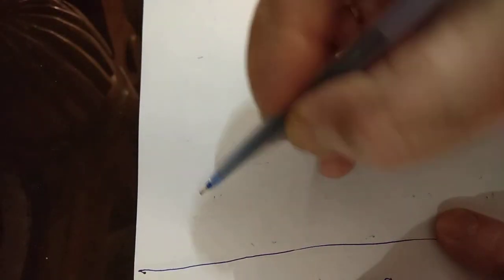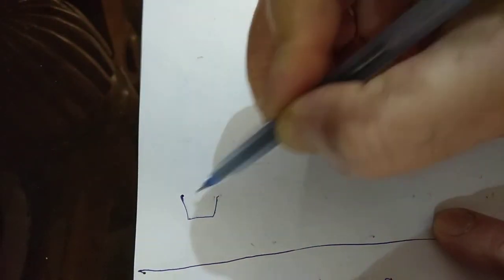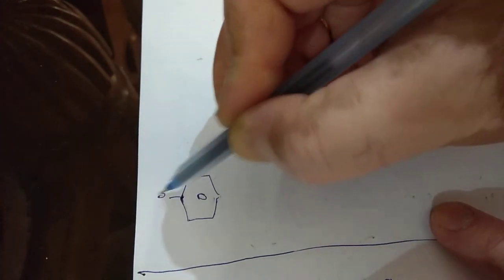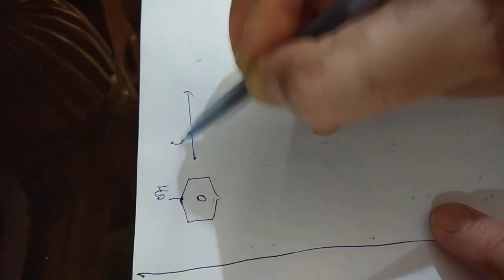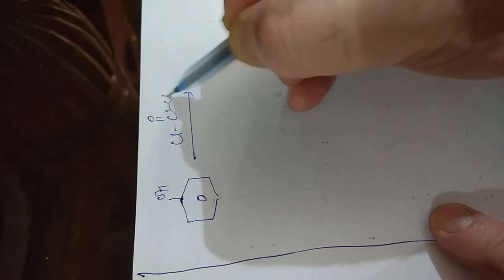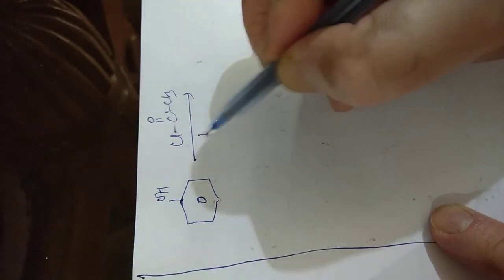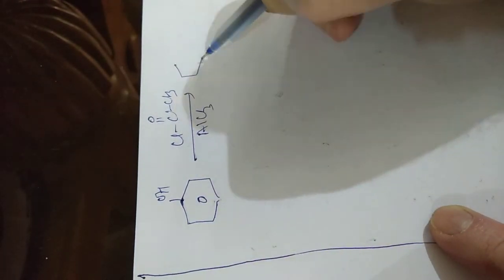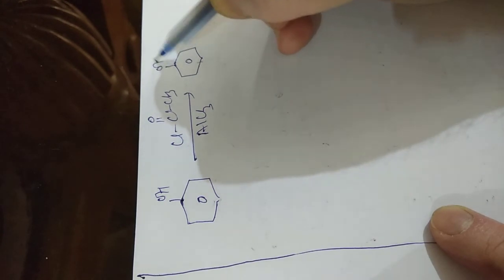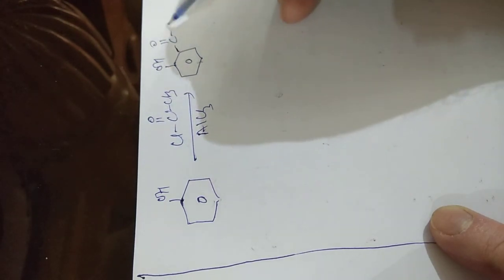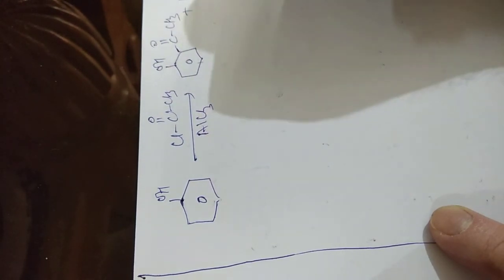The other reaction of phenol is, if you do the acetylation with acetyl chloride in presence of anhydrous AlCl3, the acetyl group will go at ortho and para.